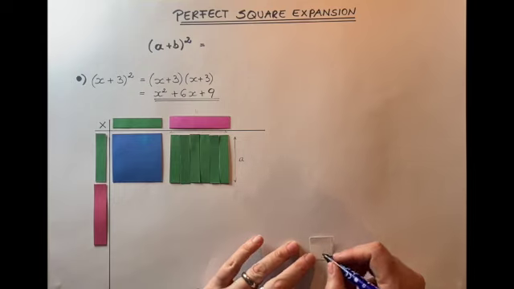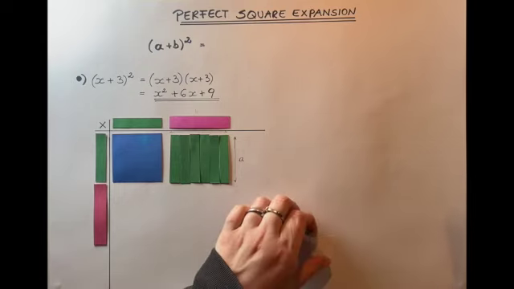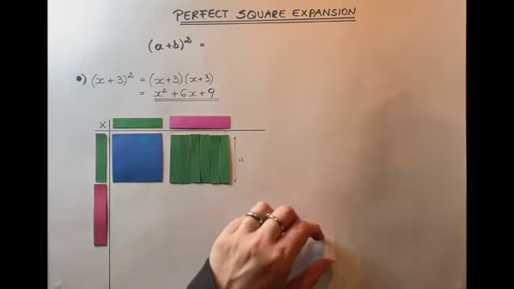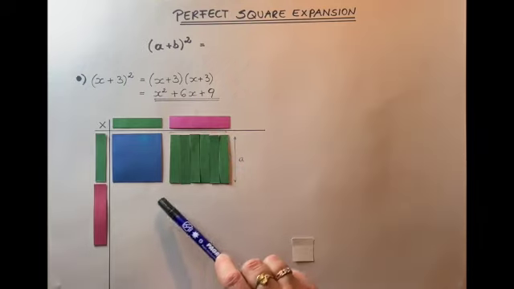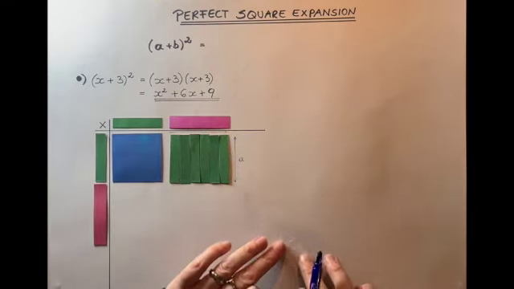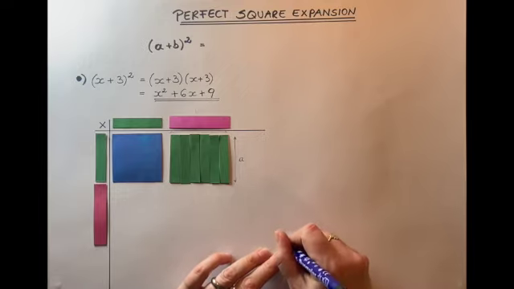Why ab? Because it is a times b, and a times b, length times width, gives us ab.